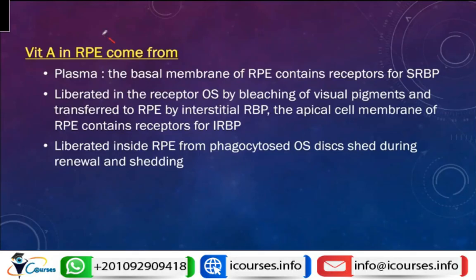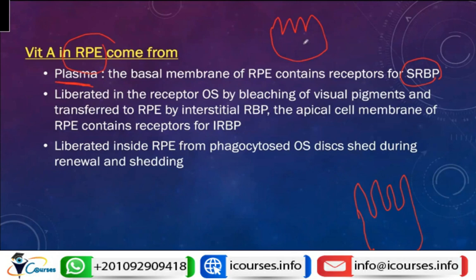So where does the vitamin A in the RPE come from? First of all, from the plasma, as the basal membrane of the RPE contains receptors for the serum retinoid binding protein. Let's say this is the RPE cells, and this is the blood in the choriocapillaris.